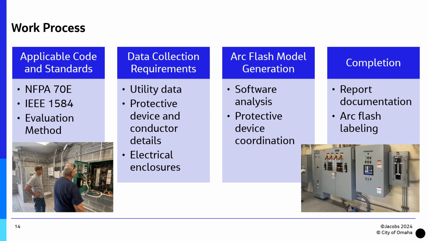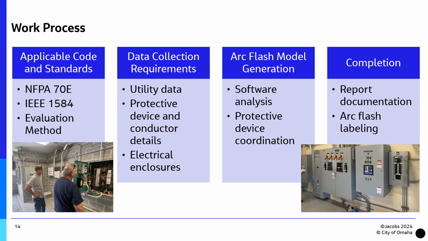The work plan for these studies followed this process. The first step was to apply the relevant sections of codes and standards that were driving the study. This includes NFPA 70E, Standard for Electrical Safety in the Workplace, IEEE 1584 Guidelines for arc flash calculations, and the evaluation method.